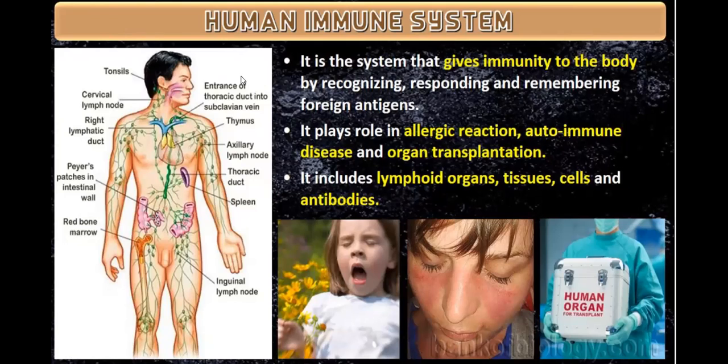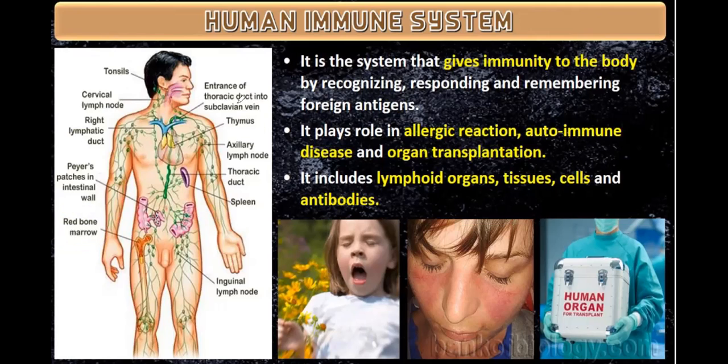So this is a tonsil. Tonsils are a part of the immune system. Lymph nodes, and there are lymphatic vessels. Peyer's patches are found in the intestinal wall. Red bone marrow is also a part of the immune system.